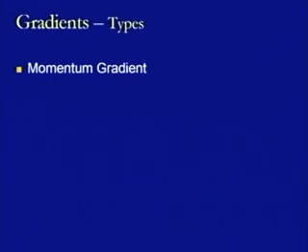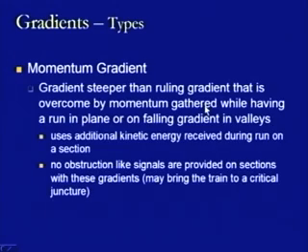Another type of gradient is the momentum gradient. In the case of momentum gradient, the gradients are steeper than the rolling gradient, and this is overcome by the momentum gathered while running on a plane or on a falling gradient in valleys. There are certain locations where the rolling gradient will not help, therefore a gradient steeper than the rolling gradient has to be provided.